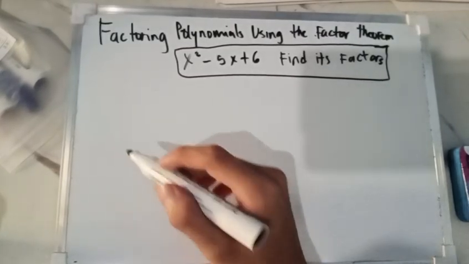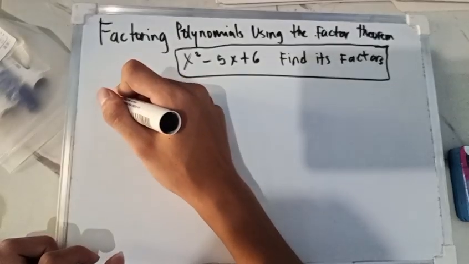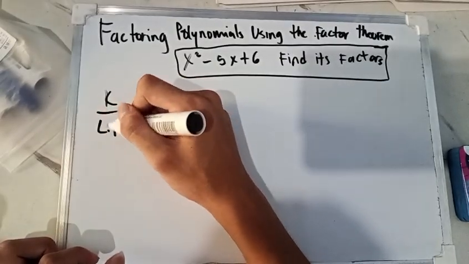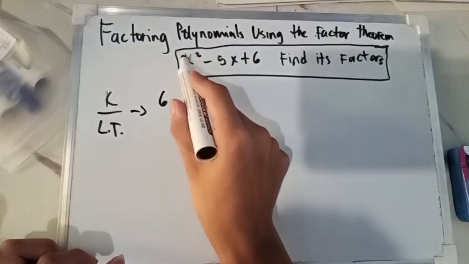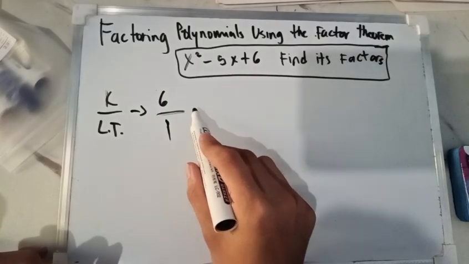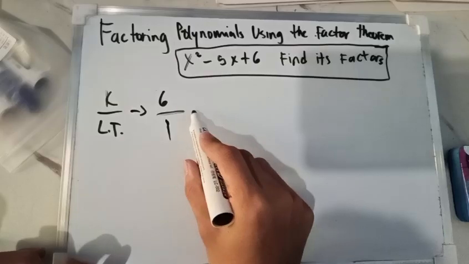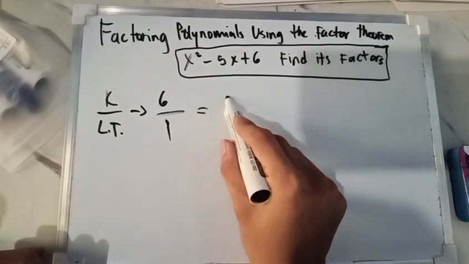The constant term here is 6 and the leading term has a coefficient of 1. So 6 over 1 is 6.